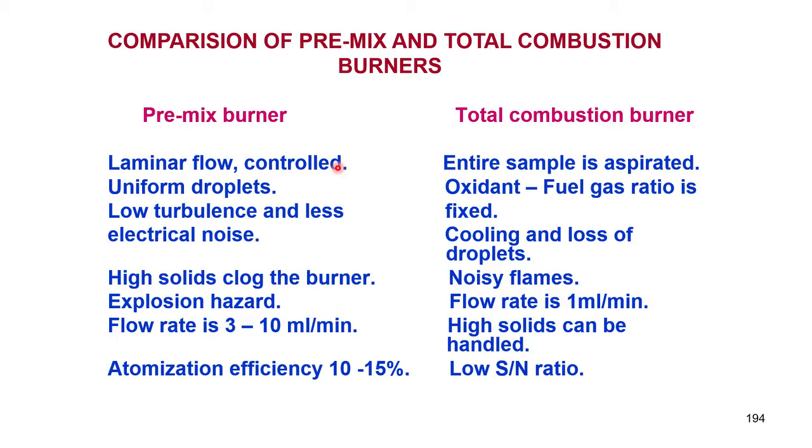That means I have good control over the temperature of the flame, and uniform droplets are there because of the spoiler and other things, and low turbulence and less electrical noise. This is a property of the flame, low turbulence and less electrical noise, because both the gas and air are getting mixed smoothly.